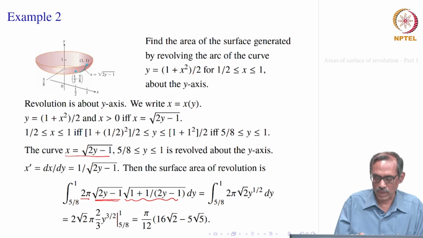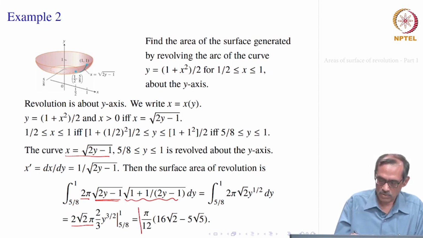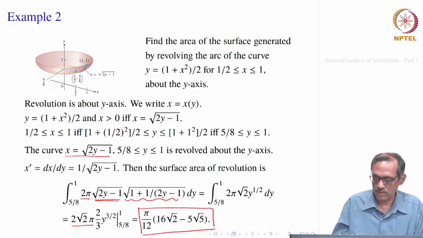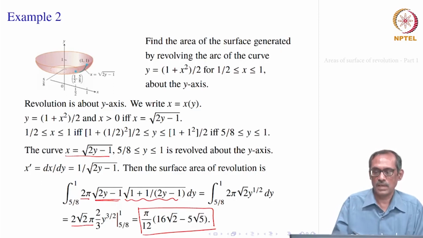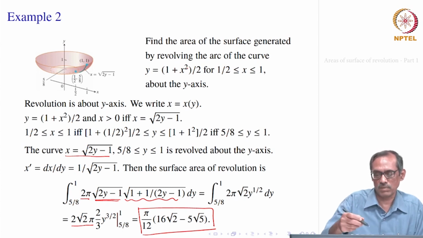So, now multiplying this 2y minus 1 inside the root, we get 2 pi root 2 y to the power half dy, and if you integrate, it is 2 pi root 2, that is 2 root 2 pi, times y to the power half gives 2 by 3 y to the power 3 by 2, evaluated at 5 by 8 and 1, and that simplifies to this number, which is pi divided by 12 into (16 root 2 minus 5 root 5). So, this comes when you have a curve revolving about the y axis, where x is a function of y.